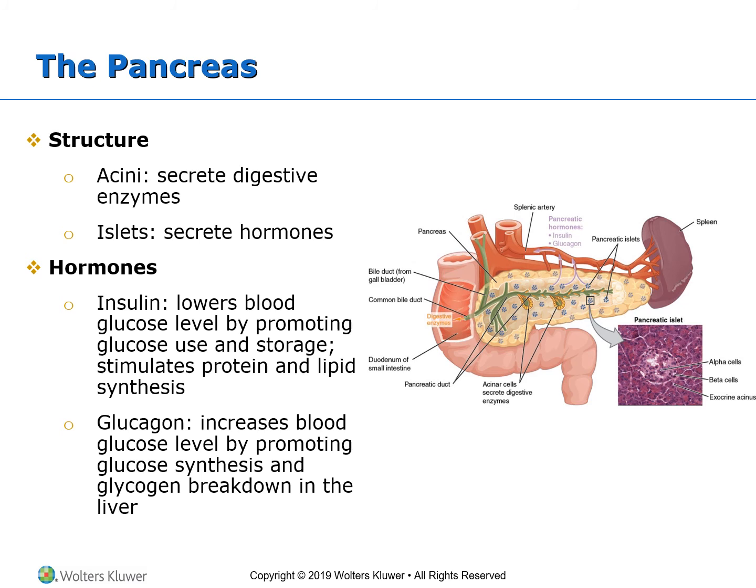The second one will be the glucagon, and this is produced by the alpha cells in the pancreas, and it's also involved in regulation of blood glucose. When blood glucose levels decrease, let's say during the night, we don't eat, so we are fasting.